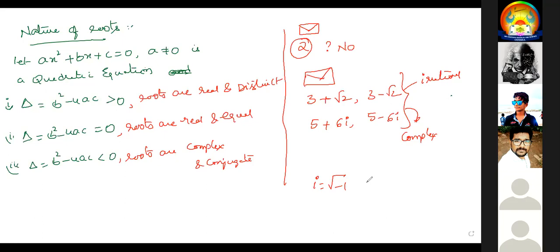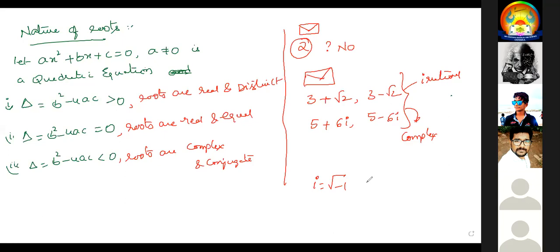And there is some advantage in irrational and complex roots. If I kept a quadratic equation in an envelope and say that 2 is one root, it is impossible to calculate the other root unless I give the quadratic equation or another condition. But if I say 3 plus root 2 is a root, then definitely the other root will be 3 minus root 2.